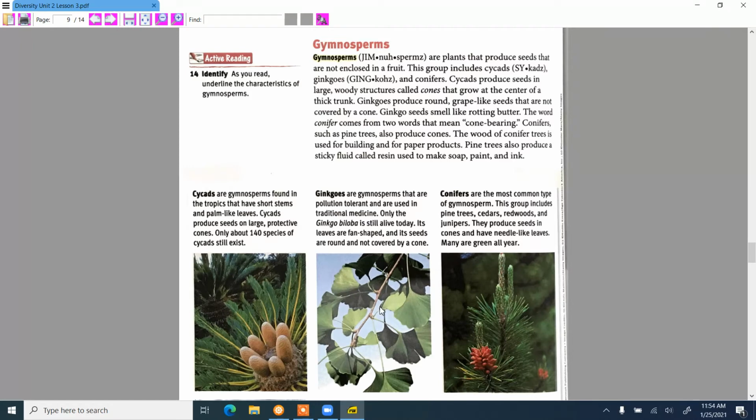It says here, ginkgos produce round, grape-like seeds. The other two, cycads and conifers, produce seeds in cones. But ginkgos produce round, grape-like seeds that are not covered by a cone. They are often used in medicine.